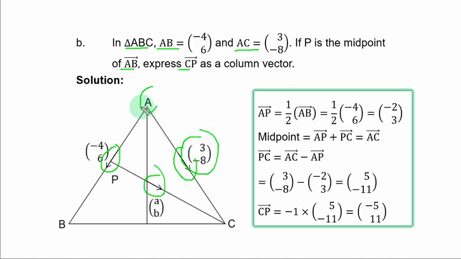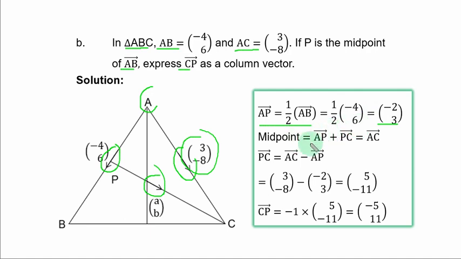So let's get AP. AP is half of AB in this form. So you multiply vector AB by half, you have this column vector. 1 over 2 times minus 4, you have minus 2. 1 over 2 times 6, you have 3.